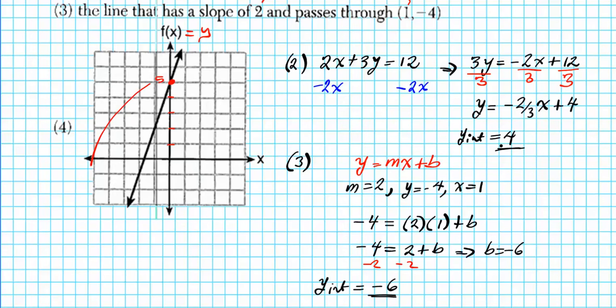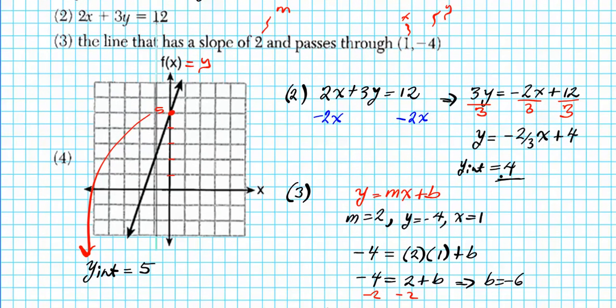That's your y-intercept. So the y-intercept for option 4 is 5. Okay, so which is the biggest? Option 1 is 0, so the biggest is option number 4. So the answer is option number 4, which is the value of 5.